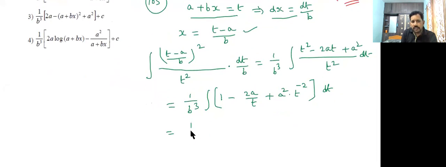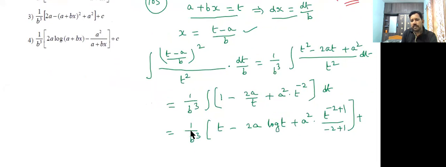Now do that. Apply the integration: 1 by b cube into integration 1 dt, t, minus 2a integration 1 by t dt, log t, plus a square into t power minus 2 plus 1 by minus 2 plus 1.